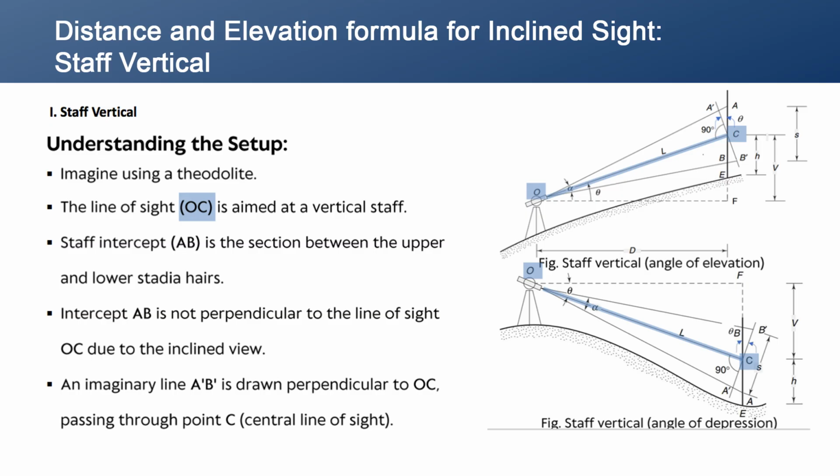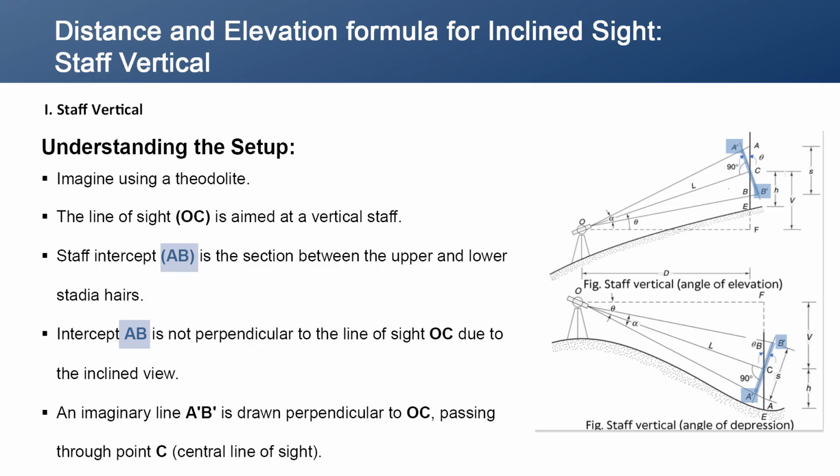The instrument's line of sight OC is aimed at a vertical staff. The staff intercept AB is a portion of the staff between the upper and the lower stadia heads of the instrument. Since the staff is vertical and the line of sight is inclined, the intercept AB is not perpendicular to the line of sight OC, which is clearly seen in the figure.